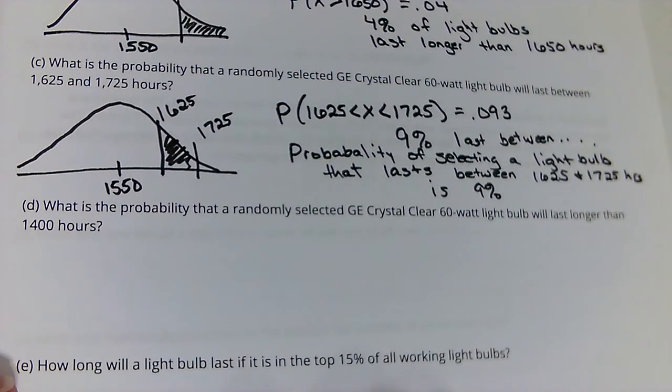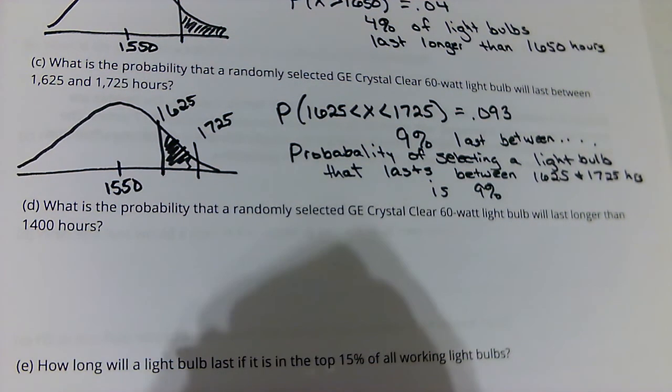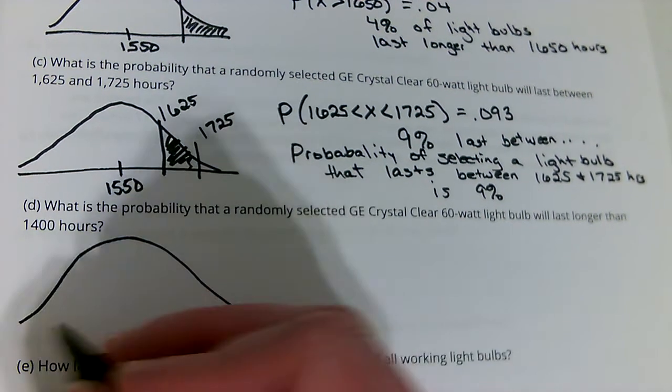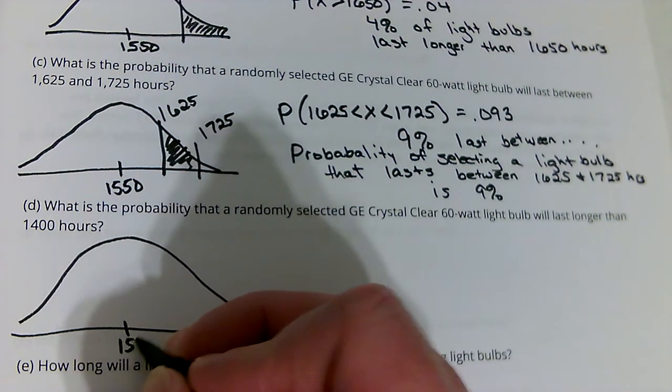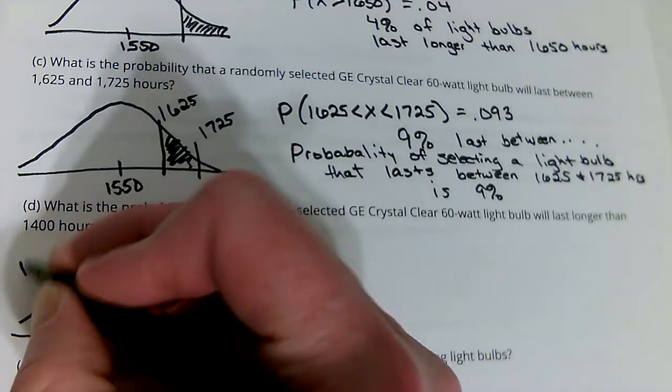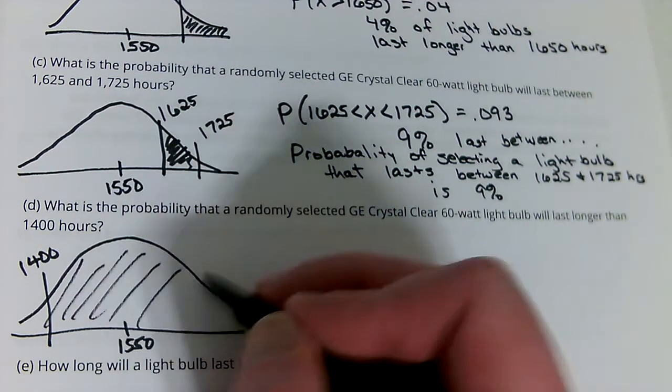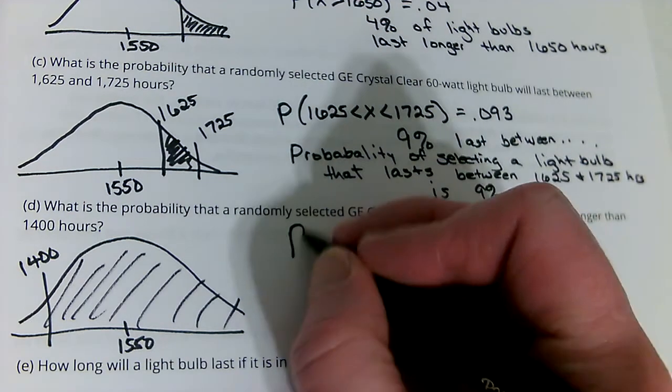What is the probability that a randomly selected light bulb will last longer than 1400 hours? Okay, 1400 would be way, way, way over here. So more than 1400, now I'm guessing that's going to be pretty high.